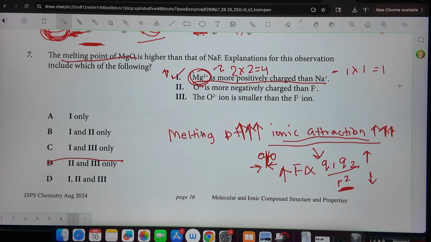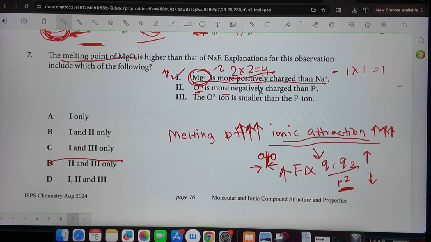Okay, moving on. The next one says O2-, I presume there's a minus sign here because O2 would never be positive, is more negatively charged than F-. And this is true as well. It's kind of obvious, right? It's twice as negative as the F-. And so naturally Mg would be bonded with oxygen, and again here we have this 2 times 2.